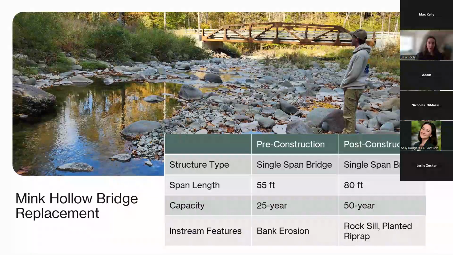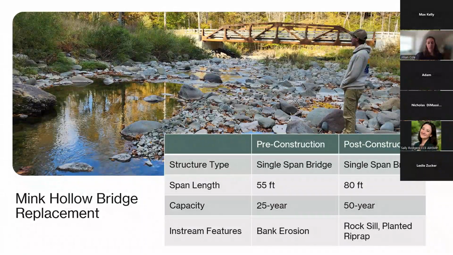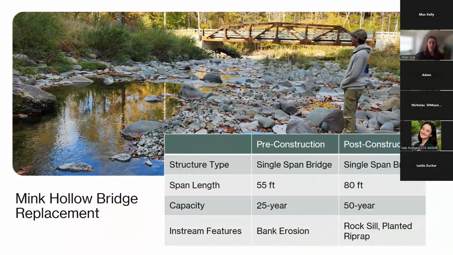And then for bank protection along the left bank in this picture, and on the right bank downstream of the bridge, we have some large riprap material that was interplanted with live stakes, which you can see are doing pretty well here after establishment. We also included a rock sill, a channel spanning structure, which included some large boulders sized to be stable during the high flow events as well.